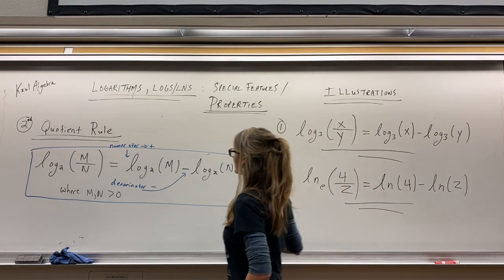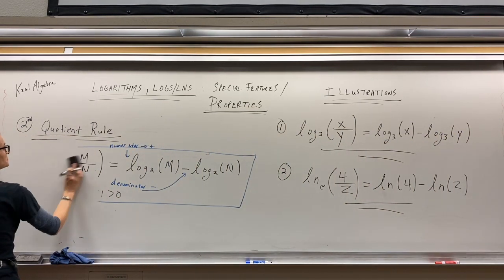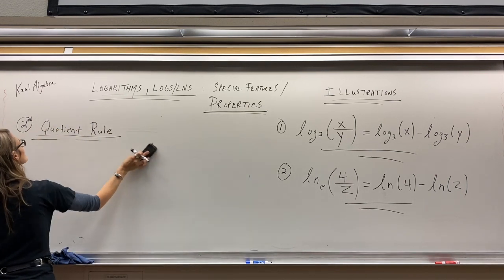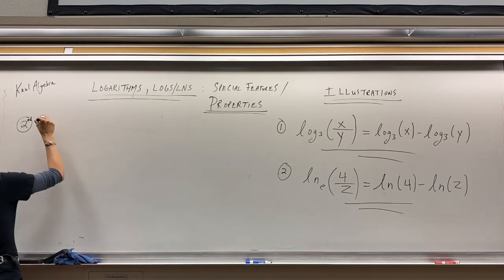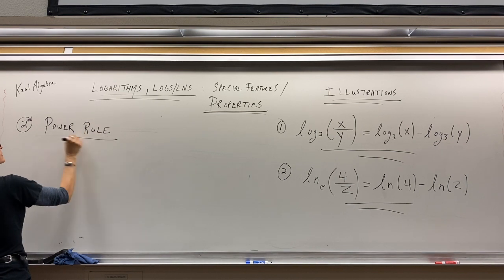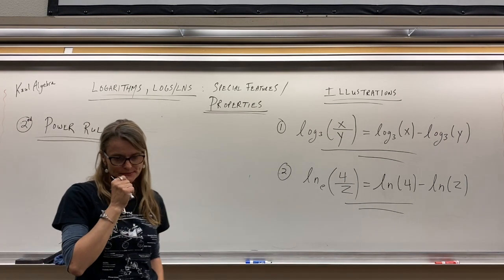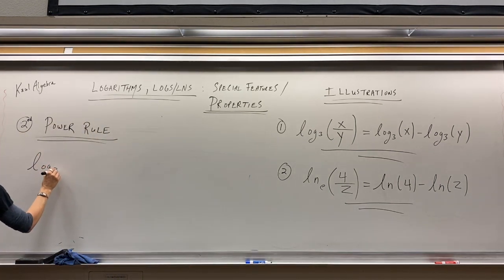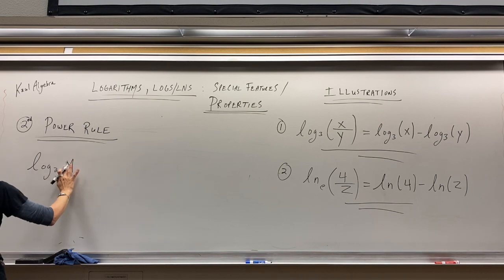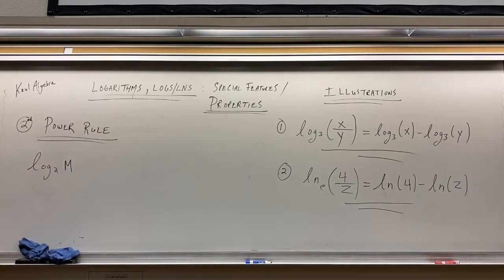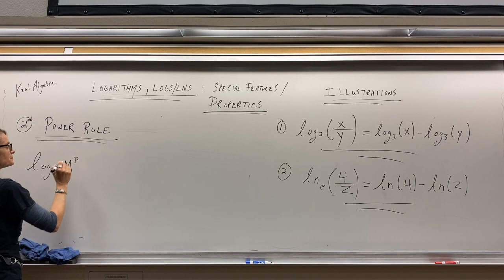So next up we have the power rule. And the power rule is, if we have log base A of m to the power P. I'm just going to use P for power.